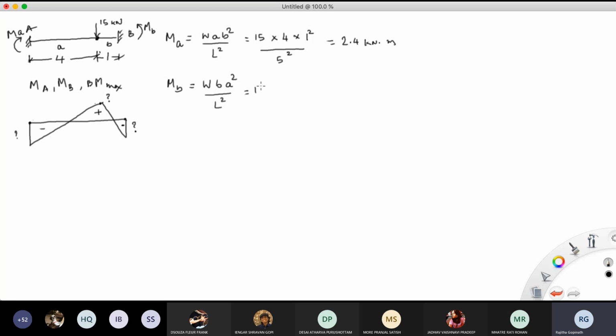So this is going to be 15 into B is 1, and A is 4, so 4 squared divided by 5 squared. Okay, how much is this one now? 9.6. So this is 9.6 kilonewton meter.